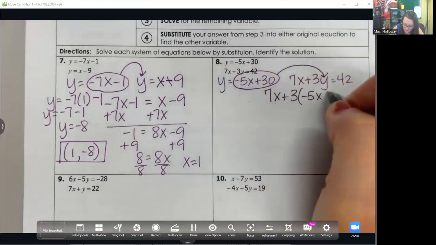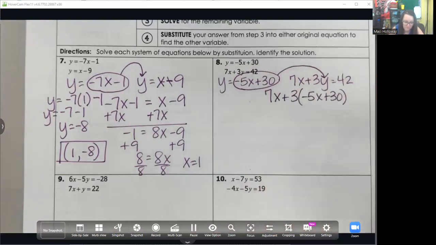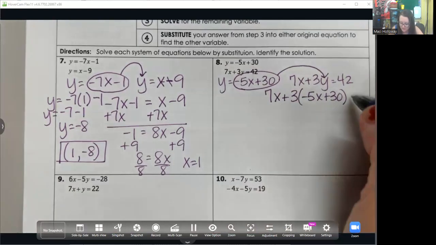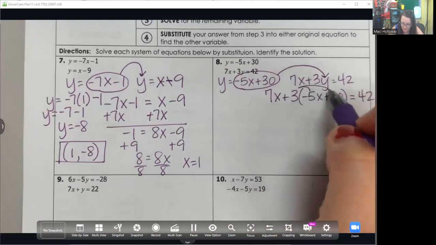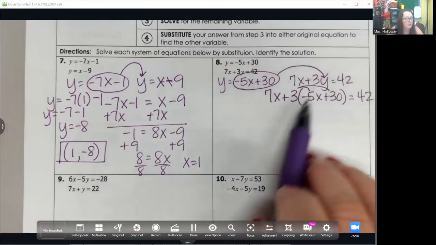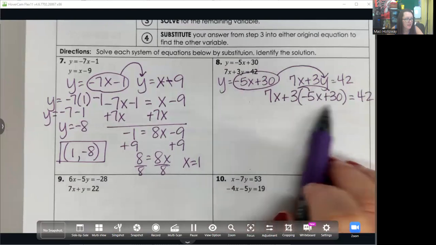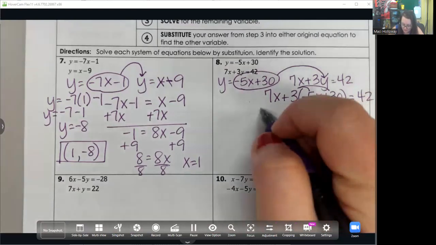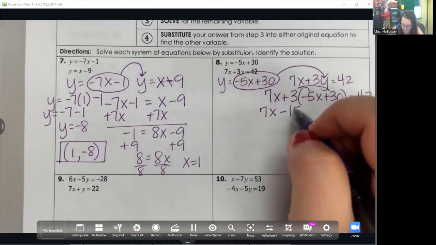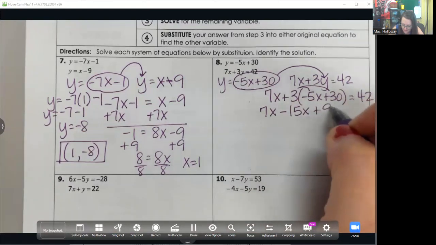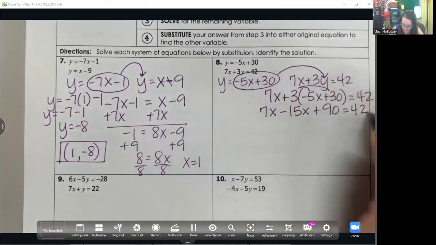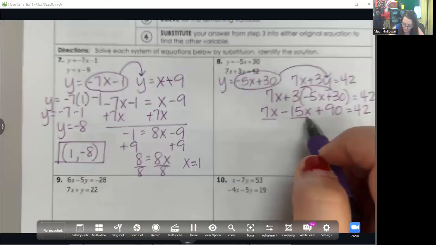negative 5x plus 30. Notice that I put it in parentheses so I can distribute this 3 because we're multiplying, right? 3 and y are being multiplied. That means I'm going to multiply 3 times y. So we have 7x minus 15x plus 90 equals 42. Combine our like terms here.